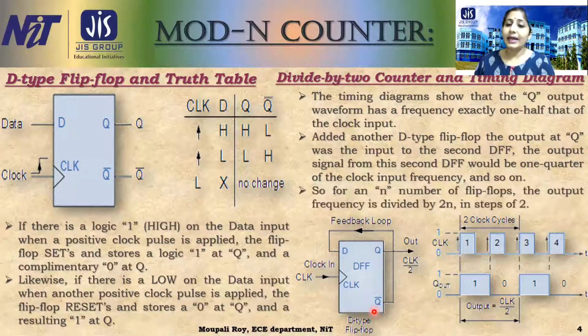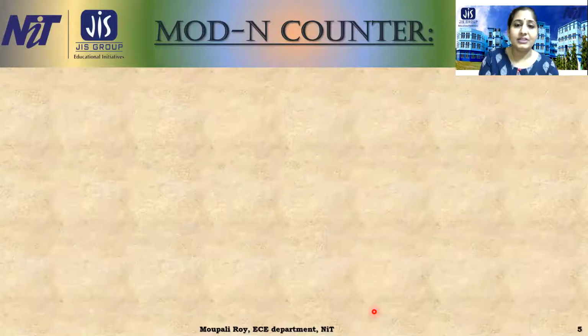So for n number of flip-flops, the output frequency is divided by 2 to the power n. So that is the advantage of the D flip-flop.